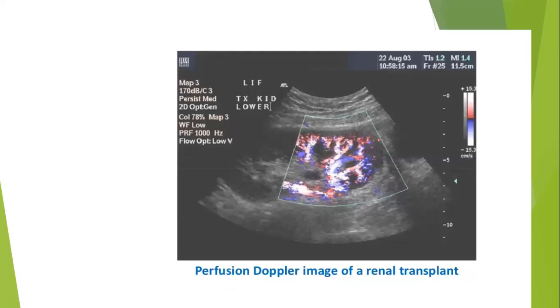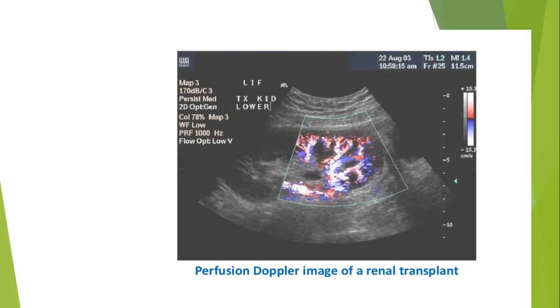Here we have a perfusion Doppler image of a renal transplant to see how well our patient is adapting to renal transplantation, actually, right? So when we have a patient who has just had a transplant of any kind of organ, we have to analyze how well the perfusion of this new organ is going, right?